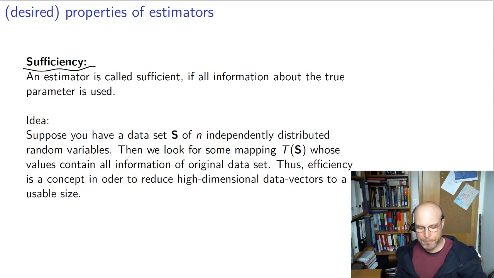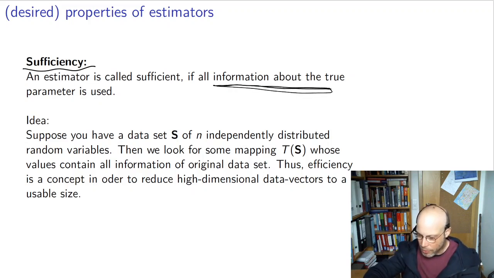then I can ask about these aggregated numbers: did I leave out some information from my data set by calculating these estimators? I shouldn't be surprised if this is the case. But the other way around, I can ask, can I calculate my estimators in such a way that I still have all the information of my dataset about the true parameter?